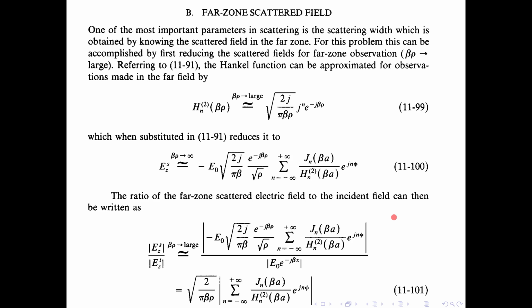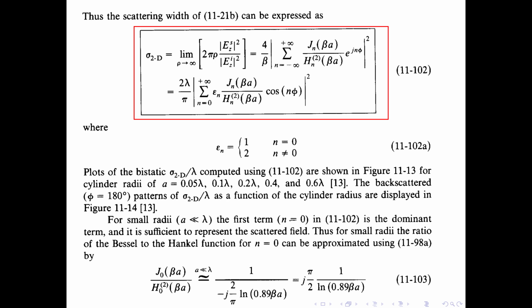We can use this formula for the electric field to compute the radar cross section, that you know is proportional to the square, not the square root, to the square of the absolute value of the electric field, and we obtain this equation for the two-dimensional radar cross section.